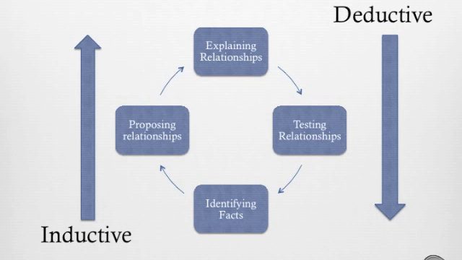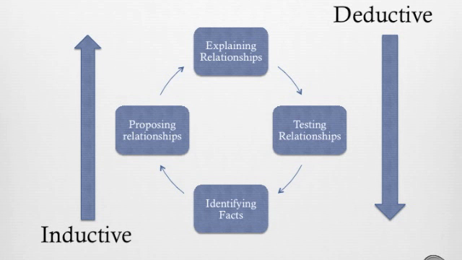And this is where we get into some of the causal questions that you're going to be posing in this class. So we test those relationships. Does A cause B? Does A cause B only in the presence of C? What's actually happening here?